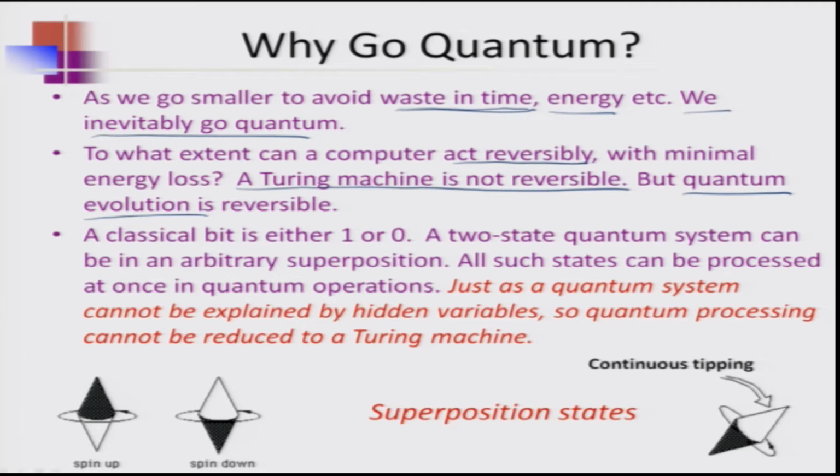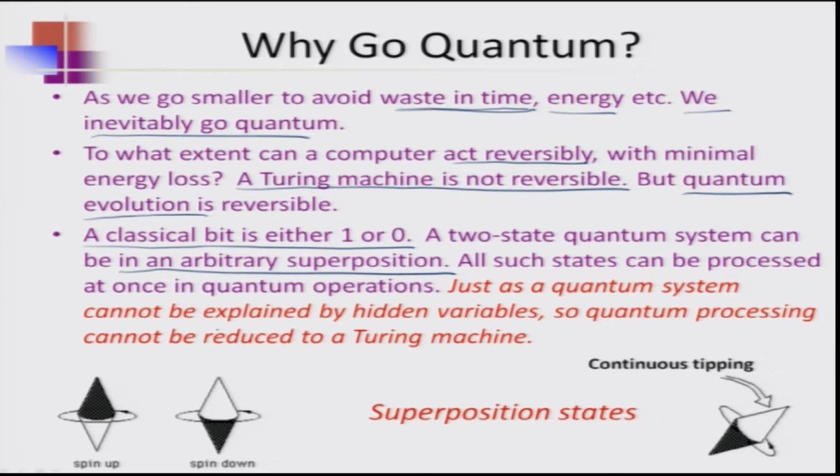Okay. So, another important thing which is different is that a classical bit can either be 1 or 0. However, a two-state quantum system can be in an arbitrary number of superpositions. All such states can be processed at once in quantum operations, right.